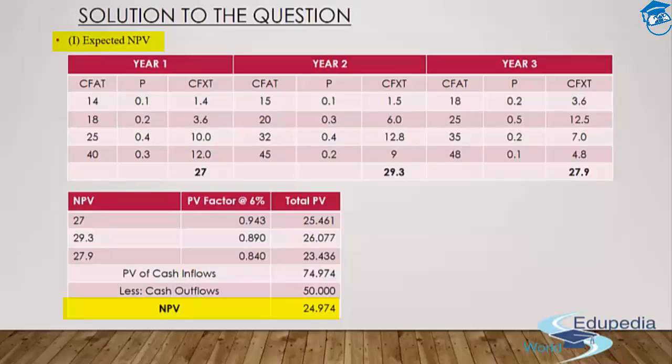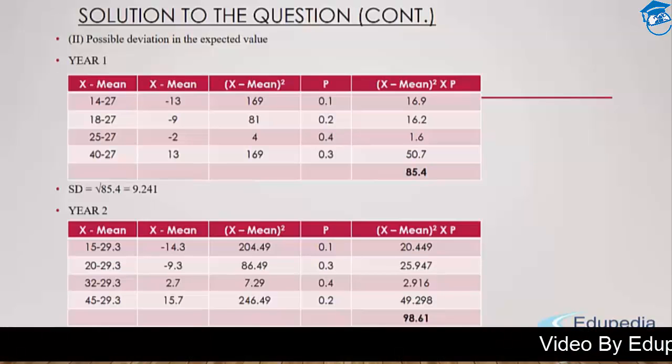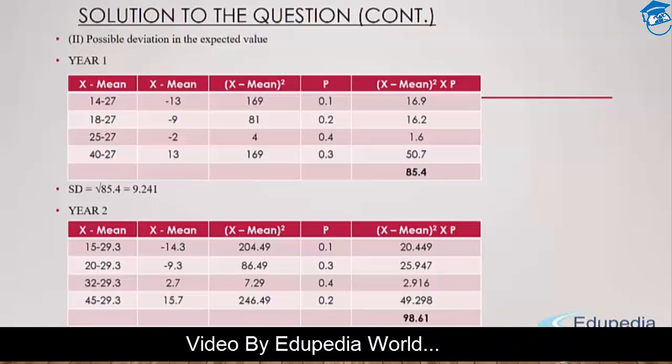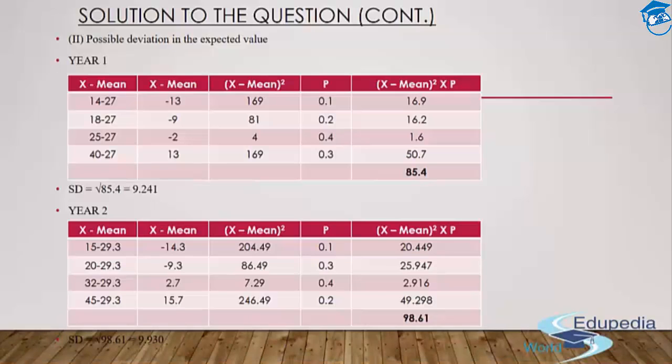This was one. Second, it has been provided in the question that we need to give them the possible deviations as well. By possible deviation, we simply mean the risk factors. Year one will be pretty simple. All we need to do is get the mean first. The expected cash flow for year one was 27. I subtract it from the probable cash flows, which were 14, 18, 25 and 40.